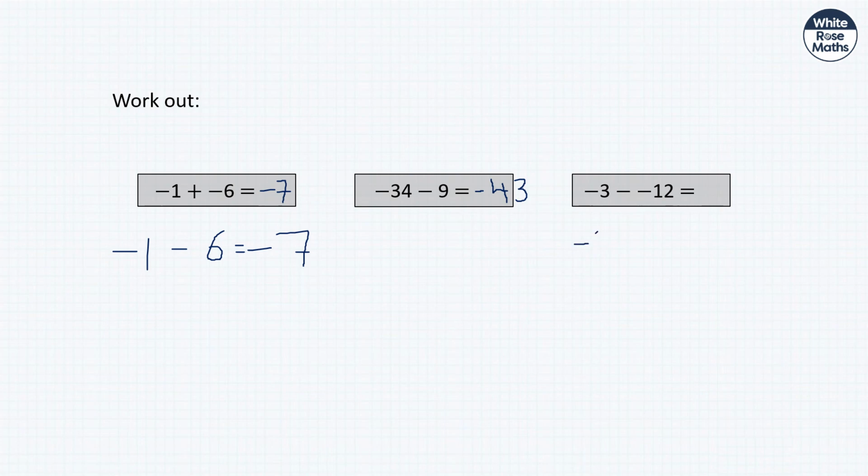Negative 3 subtract negative 12, that'll be negative 3 plus 12, or 12 subtract 3, when you get to this step here, which is equal to 9, guys. On our number line, it's equal to the number 9.